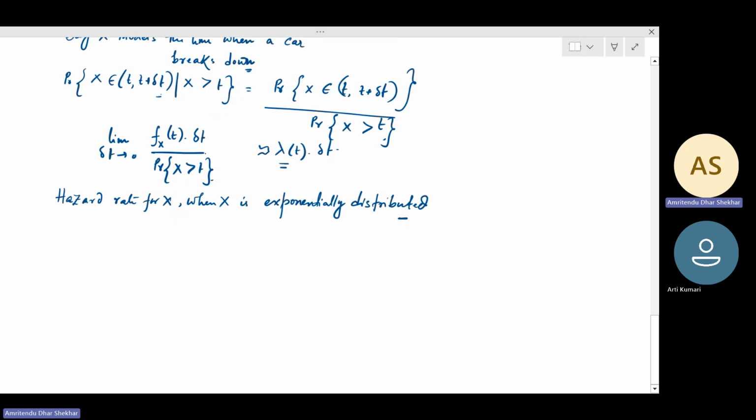That is just equal to lambda times e to the power minus lambda t divided by e to the power minus lambda t, which is just equal to lambda.